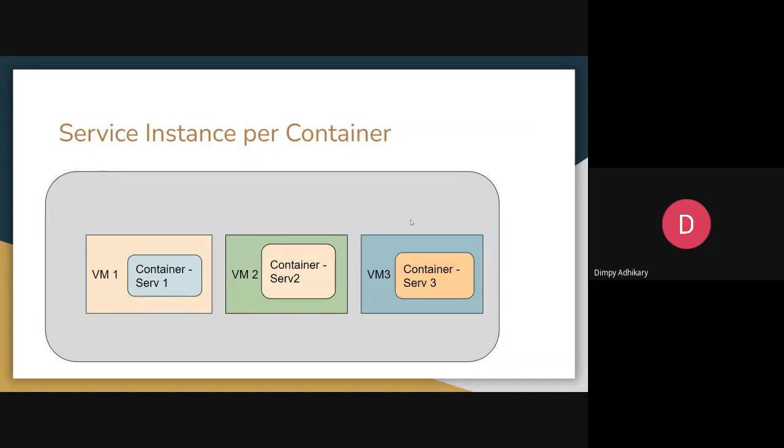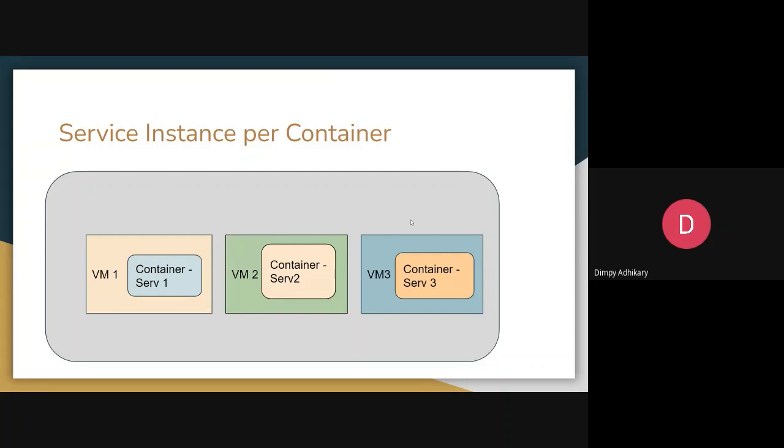This is a good way of managing the diverse nature of microservices, because each microservice has its own requirements, in terms of technology and databases. We want to keep them independent, so we can keep them in separate containers.